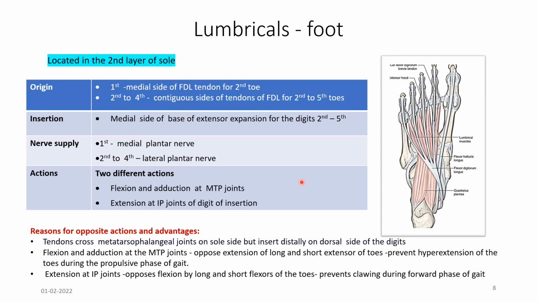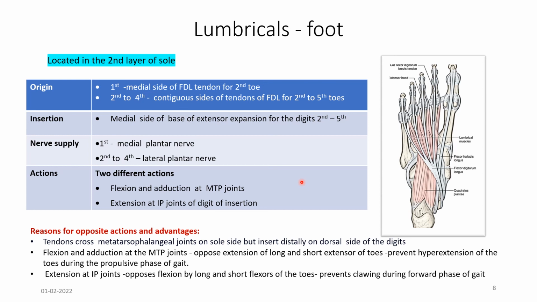So they oppose the extension by the long and short extensors of toes, and that's why they prevent hyperextension of the toes during the propulsive phase of gait. They are facilitating proper gait. That's what you have to understand. And then extension at the interphalangeal joint: they oppose the flexion by the long and short flexor tendons of the toes.